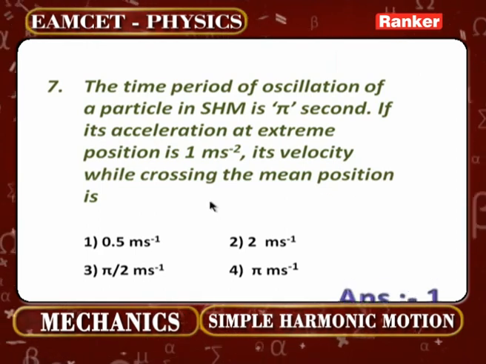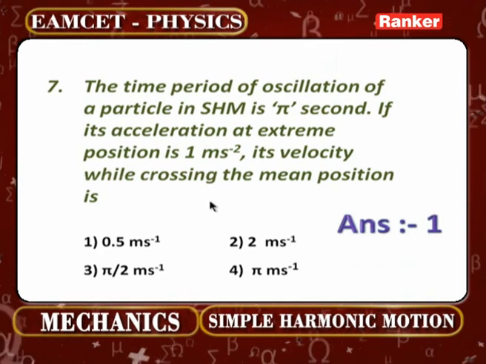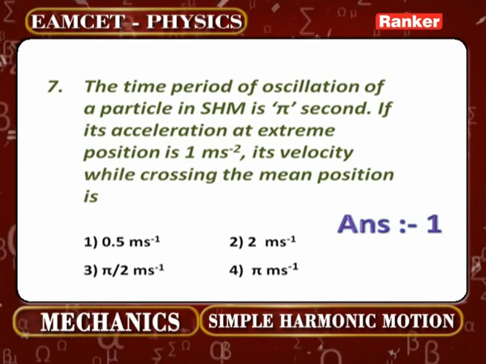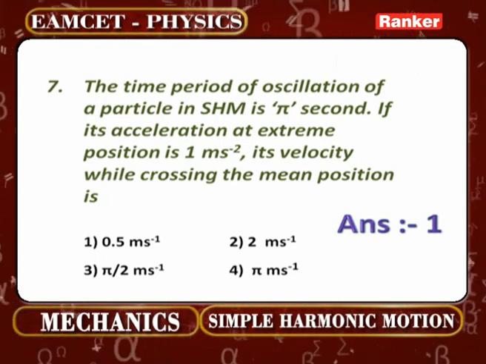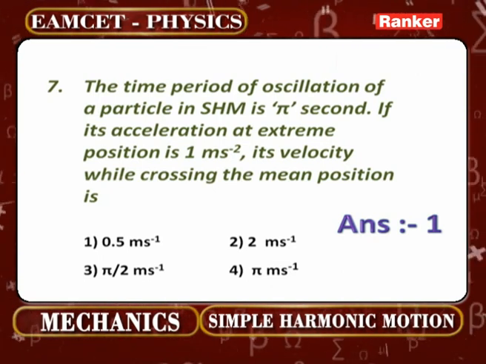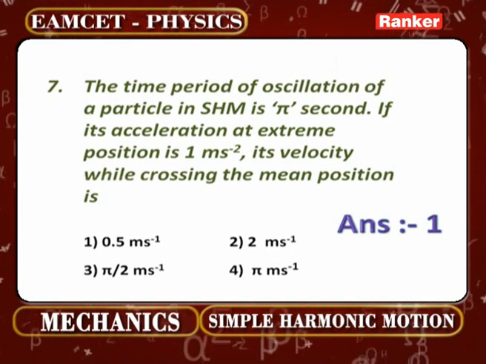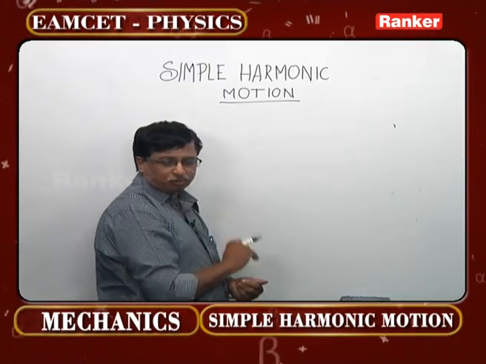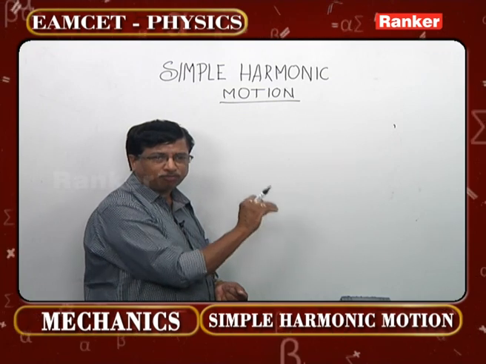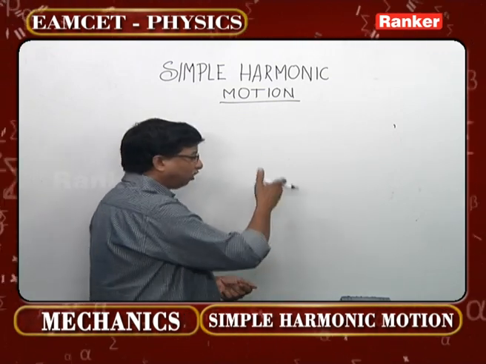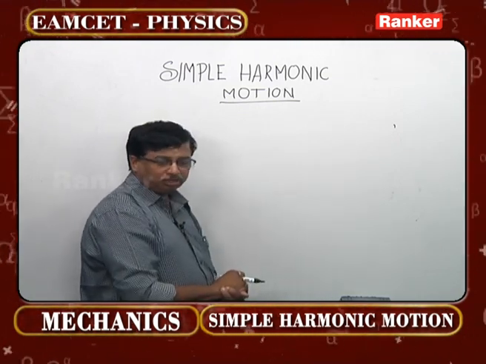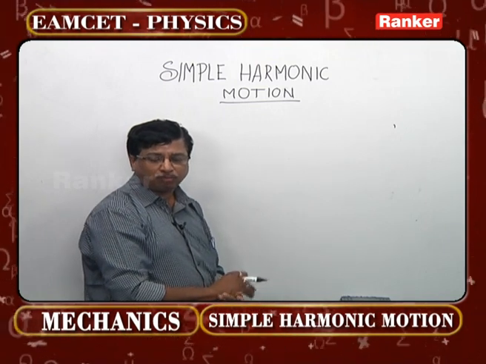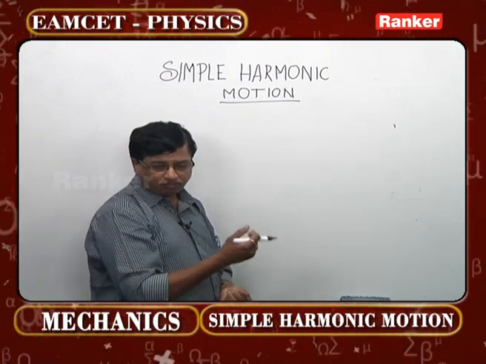One thing one should understand, whenever a particle is oscillating simple harmonically, at the extreme, right or left, the body is going to have maximum value of acceleration. While crossing the mean position of rest, it will be having maximum value of velocity. So what is the value given here?